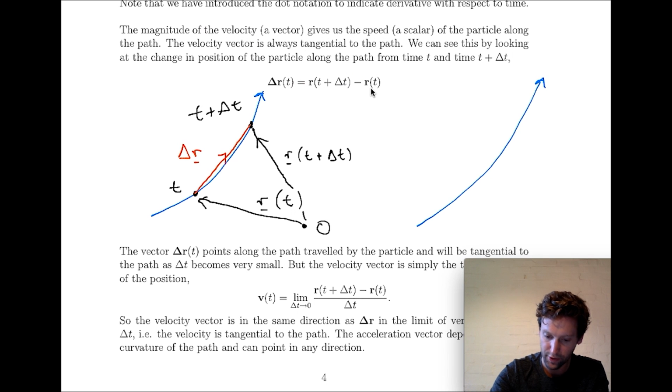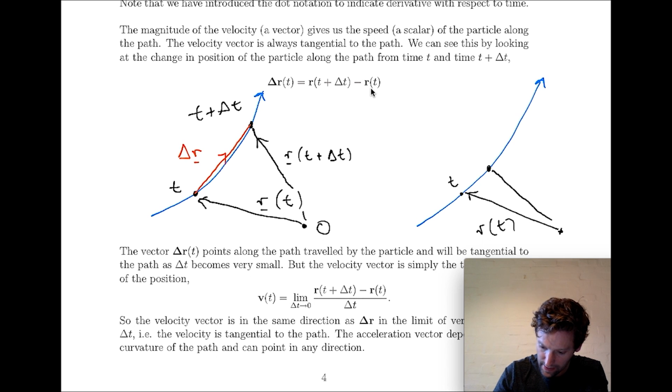Again, here's my particle's trajectory. Again, here's the starting point of the particle at time t. But now I'm looking at a smaller and smaller time, delta t. So just a little bit after t, it's moved only a little bit.